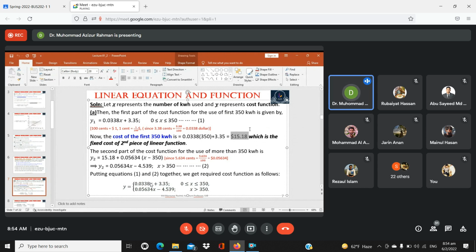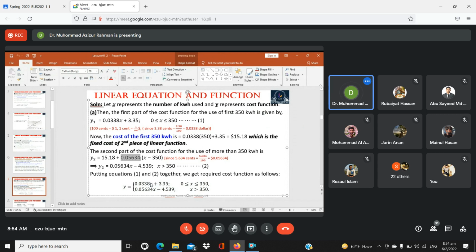This amount will be the fixed charge for the second piece of the equation, because the second function is for exceeding 350. So up to 350 you have to pay this much. Then if we exceed 350 kilowatt hours, per kilowatt hour you are charged differently, this much.